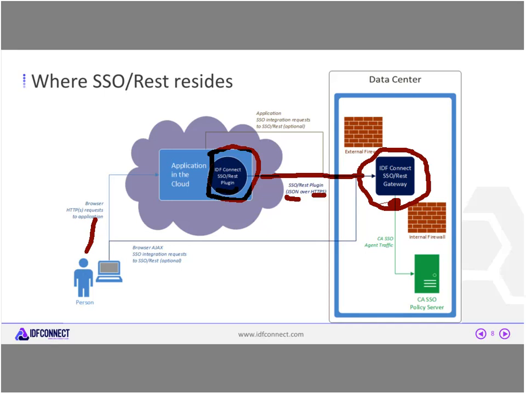So the integration at the agent level that you do with CASSO web agents can be replaced with these SSO REST plugins to communicate with our SSO REST gateway over HTTP in a fashion that doesn't add any network dependency about firewalls or VPNs or any of that nonsense, and does it in a way that you can lift your app out of your data center, deploy it into Amazon or EC2 or Google App Engine, and still have the full enforcement capability of your web agent.